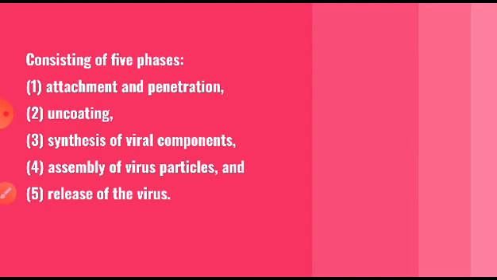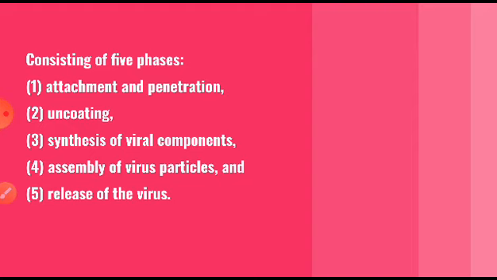Once they make their new nucleic acid as well as the required protein components, they will assemble themselves. Then once the new particles have been synthesized, they'll release the virus.